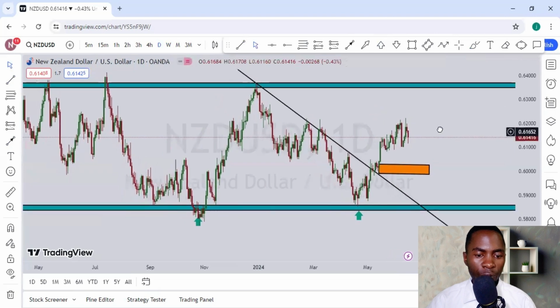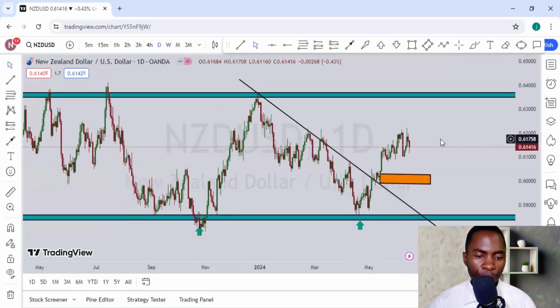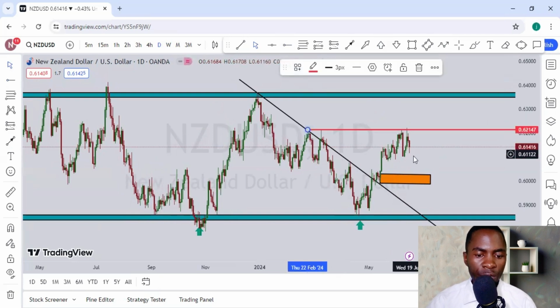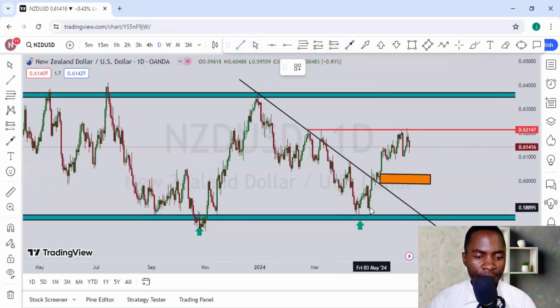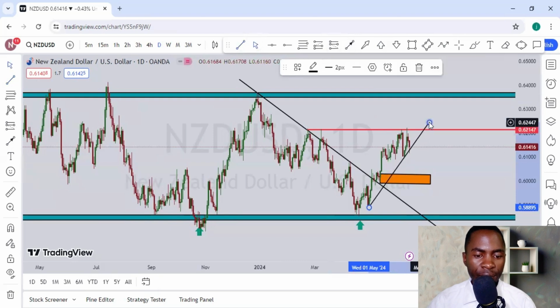That's my second confluence. So what I know from both my confluences, the market is showing me it is going to sell. Because the market is going to my yellow box, we can have an intraday sell on NZD USD.